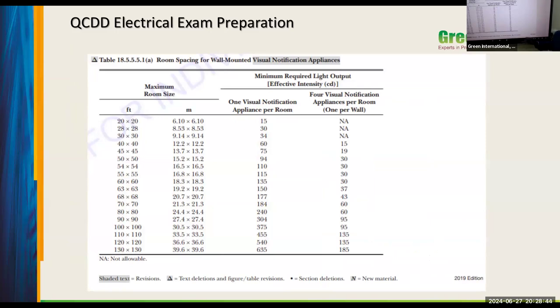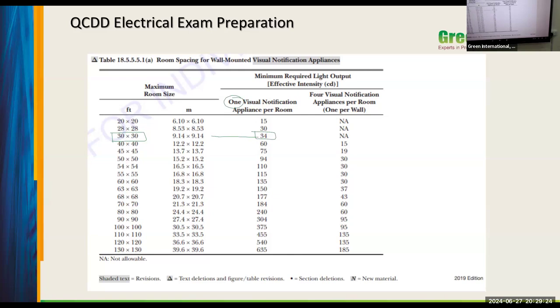In my exam, I had this question. They ask about a 30 by 30 feet room. If you are installing one notification device, what is the intensity? So we need to add, 30 by 30, and they mentioned one notification device.